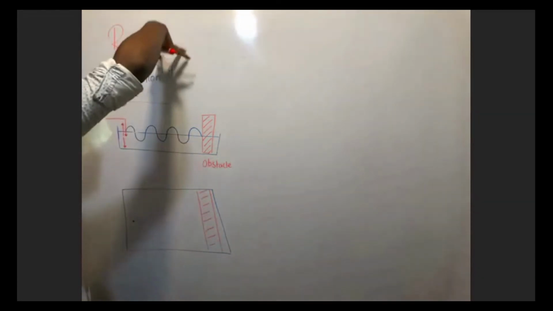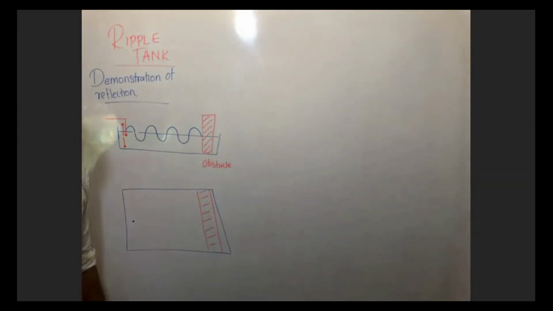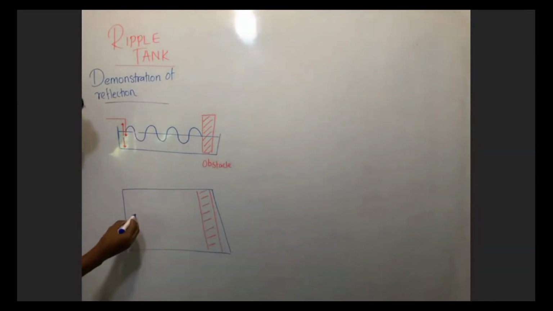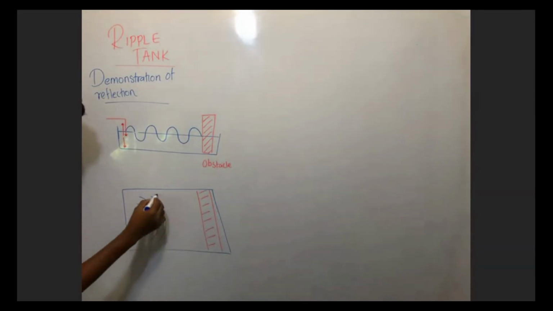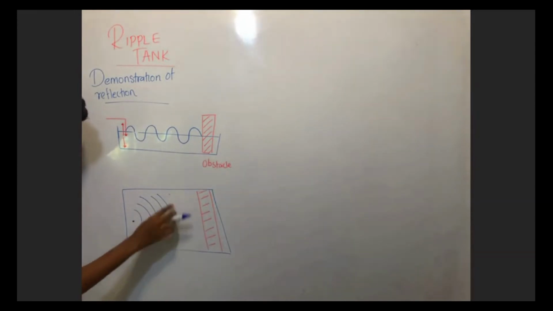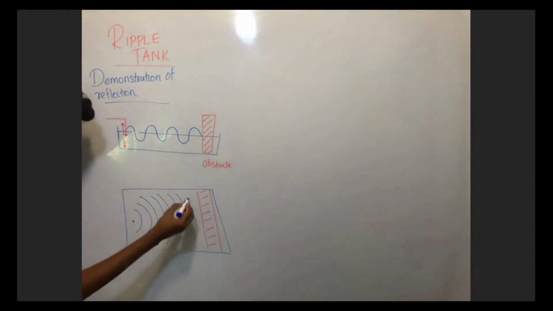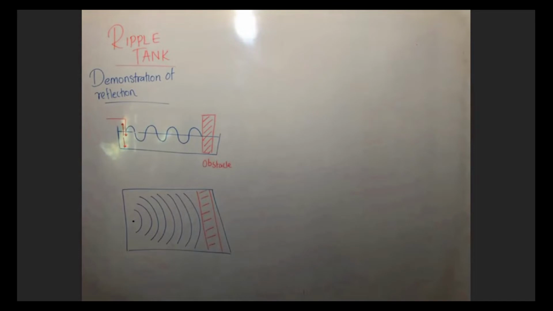So you are seeing from the top. When you observe from the top, this is how it's going to look. So the wave fronts are going to move. How exactly? So it's moving this way.